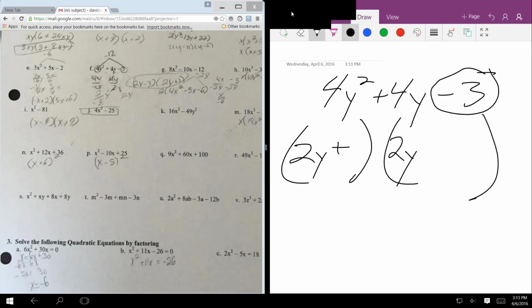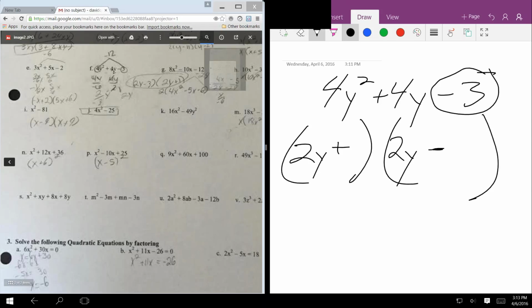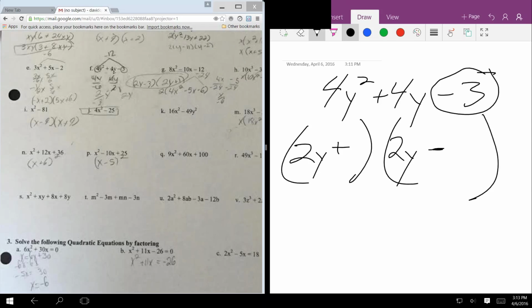Now, in this case, I can get by with just writing positive, negative because my coefficients are the same. In other words, negative, positive is going to be the same as positive, negative. It won't matter. So, what are my choices for factors of 3? 3 and 1.